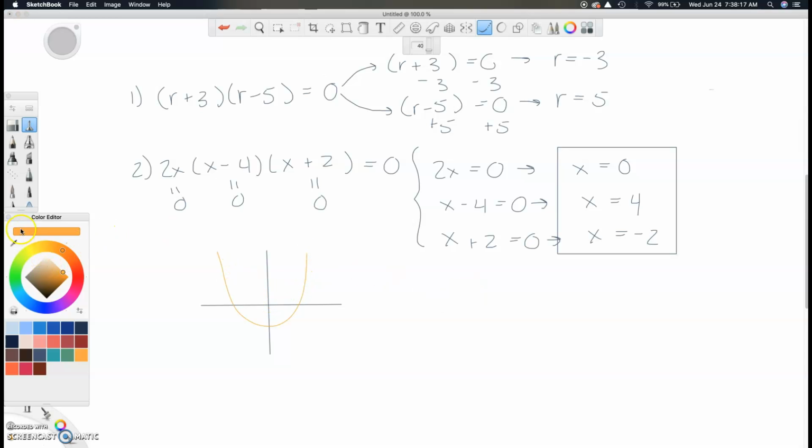It's some parabola. What you're finding is this 0 and this 0, the two solutions where that graph crosses the 0 line, or where that graph equals 0. In a trinomial, which this is an example of, you're just going to have 3 of them. So you'd have 3 solutions.